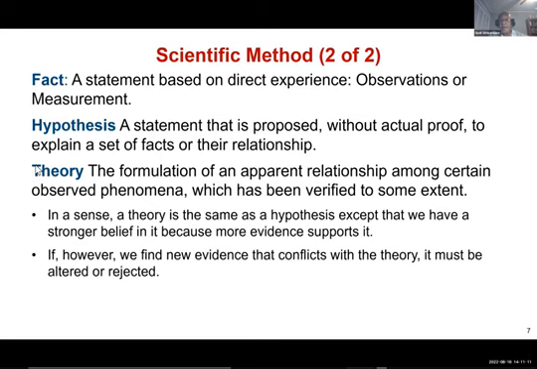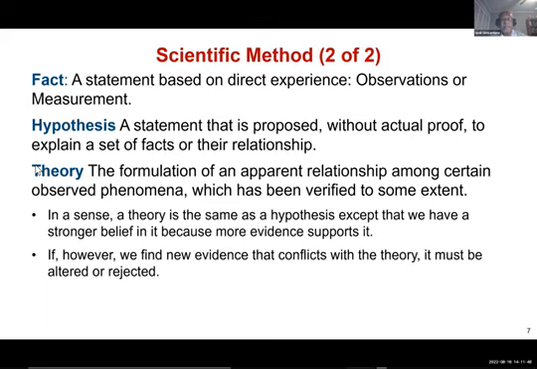It's a trial theory, proposed initially without actual proof, that is useful in explaining laws of observations. Measurements follow laws. So a hypothesis explains the laws that are created through observation.